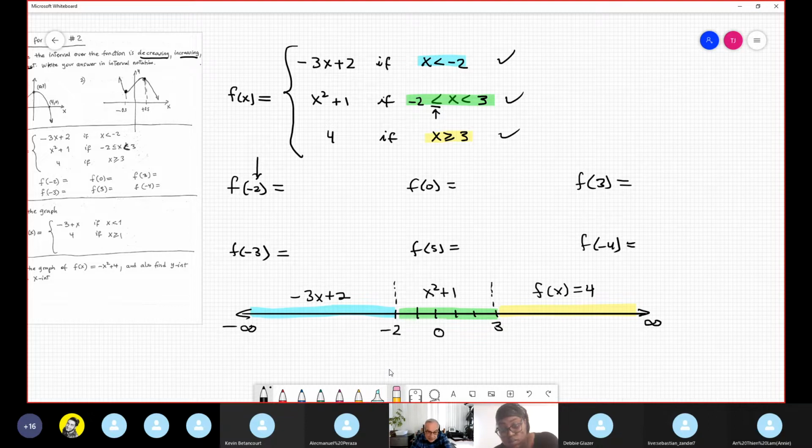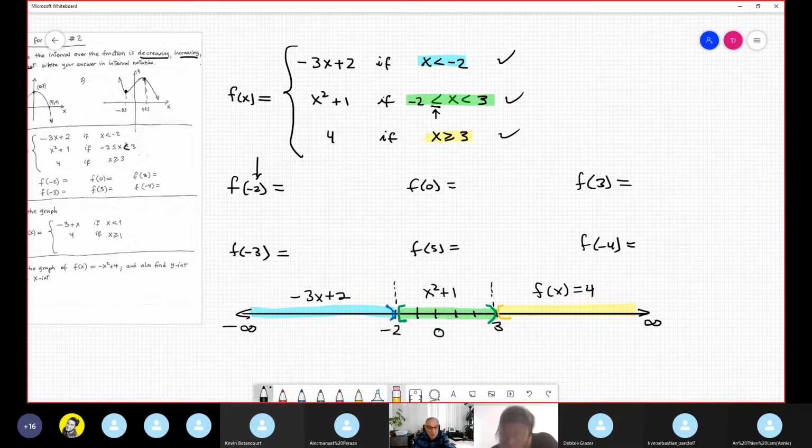So you need to understand this a little more clearly. This is a bracket here. This is a parenthesis here. It does not include -2. And 3 is a bracket in yellow. And this parenthesis is green. The endpoint is important, it's always the question.